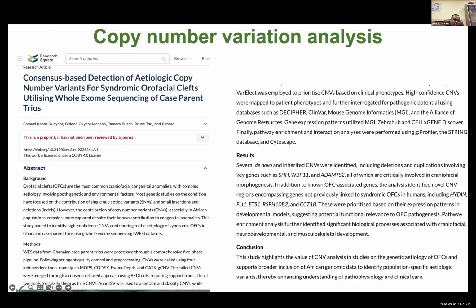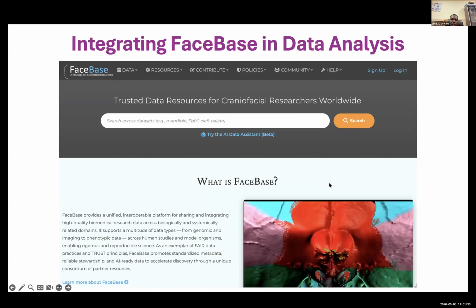Because of the deep sequencing and the paired reads, we could also use the data set for copy number variation calling, and using 4 different tools and a consensus approach, we were able to detect the SHH variant and many other copy number variants in this cohort, which will also contribute to cleft.